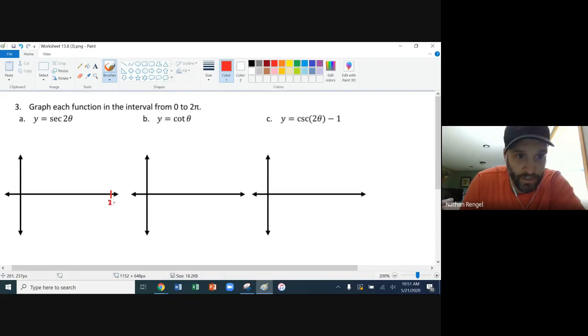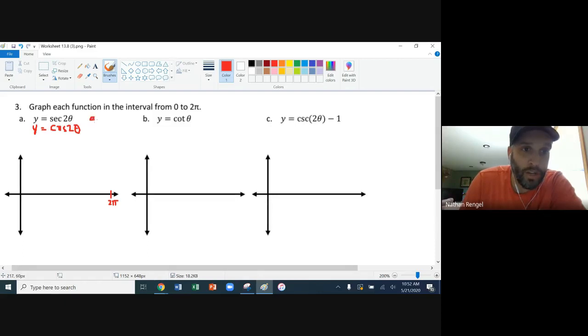But let's get our graph set up. We're going out to 2 pi, so I'm just going to leave that there for right now. When we're graphing a secant, we are going to look at a model of its reciprocal. So we're going to look at cosine 2 theta to help us get started here. Now cosine 2 theta has a couple things going on.